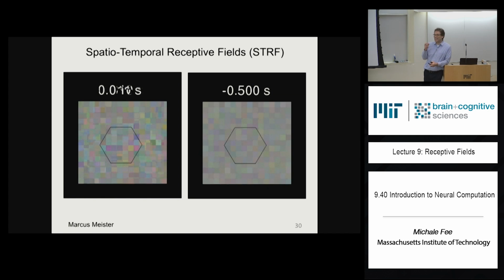So that neuron was excited by a stimulus that looked like darkness right in that location. So that neuron is essentially being inhibited by light at that location.